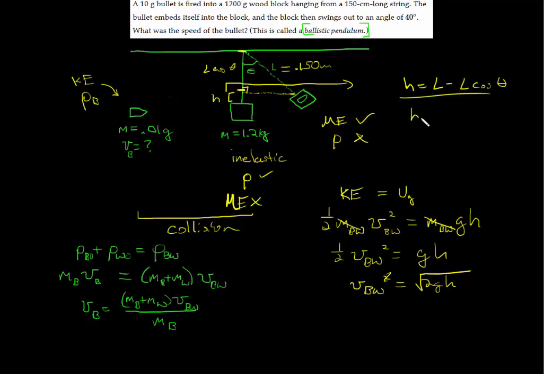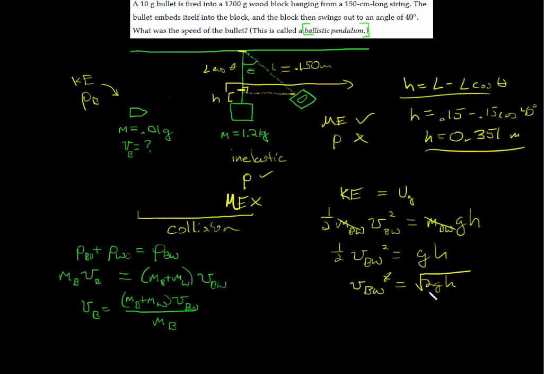So your height is going to be 0.15 minus 0.15 cosine of 40. Let me calculate that. You get a height of about 0.351 meters.